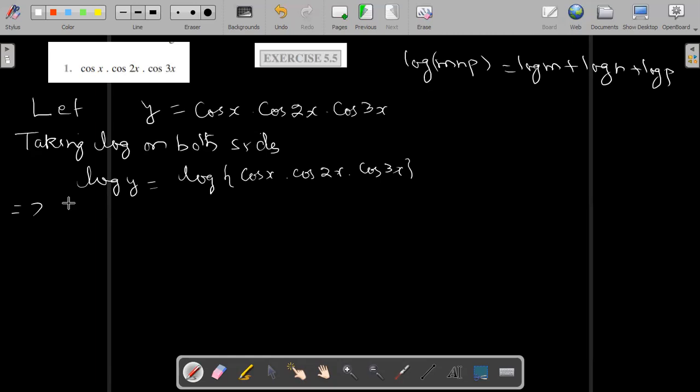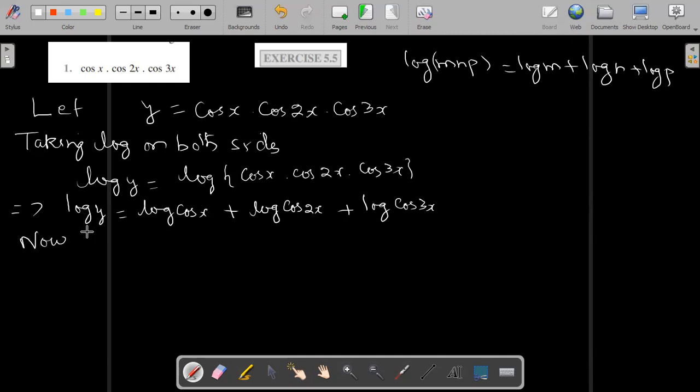We get log y is equal to log of cos x plus log of cos 2x plus log of cos 3x. Once it is simplified by using logarithmic formulas, you have to differentiate.